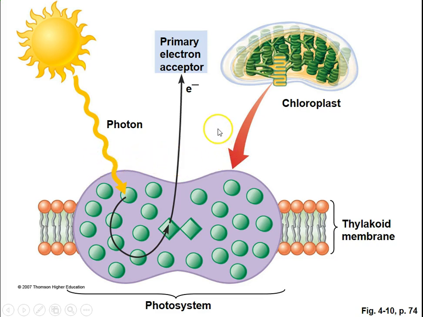Okay, then right here, this is getting into the idea of the photosystem, and a photosystem is a collection of pigments, a very orderly collection of pigments that's embedded in this thylakoid membrane.